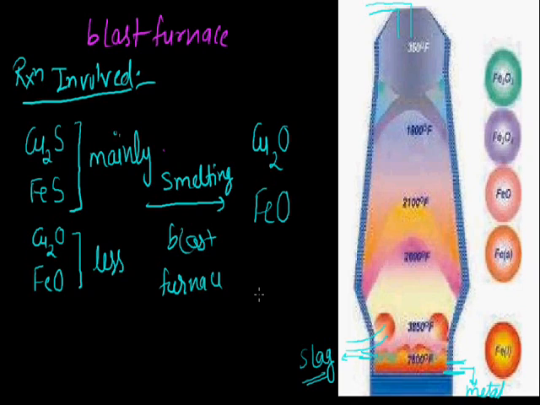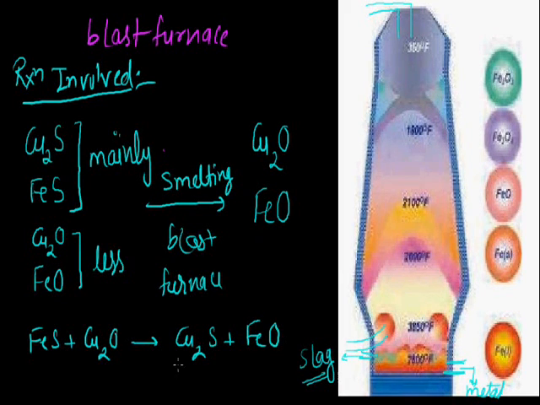And the affinity of oxygen towards iron is greater than towards copper. So we can say that some ferrous sulfide reacts with cuprous oxide and is converted into cuprous sulfide plus ferrous oxide, because the affinity of oxygen is more towards iron than copper.